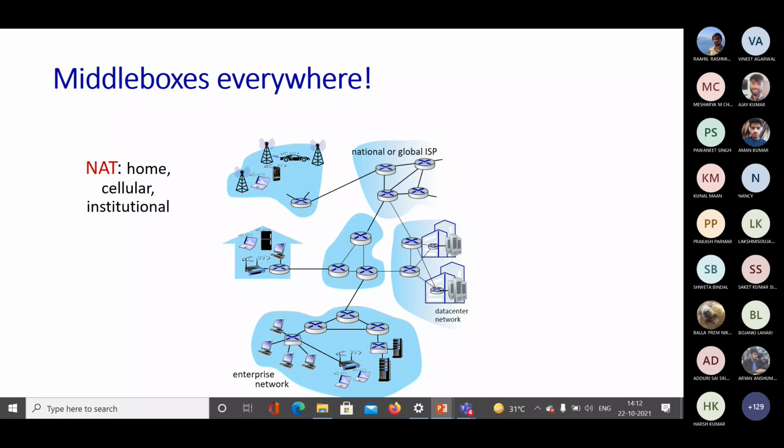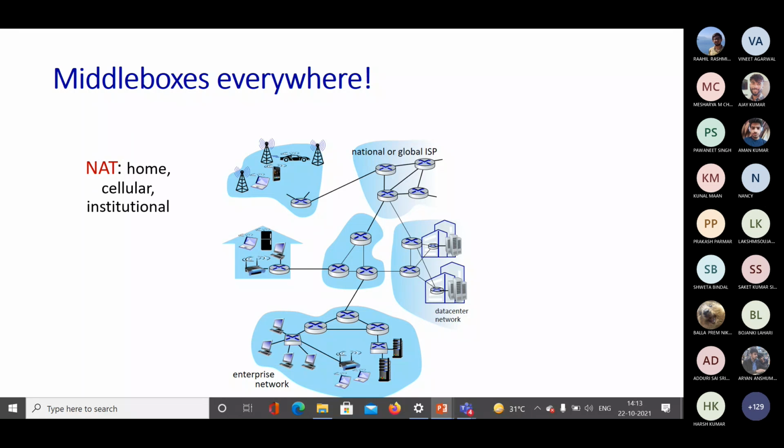Okay. Now, one more thing that I said is that the source or destination host may or may not know that there is a middle box in between. So the outside world may not know, or does not need to know, that the destination address to which it is sending is actually of a NAT router and not of the exact destination host.